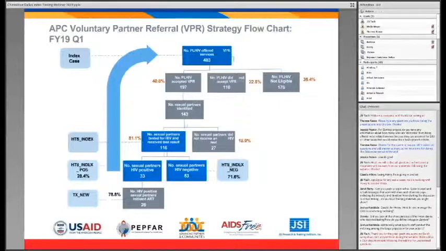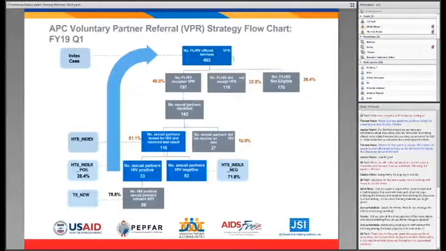could be made. Based on this flowchart, you will see that while only 1.3% were reached through the voluntary partner referral index testing modality, it actually contributed 9.6% of all positive results during that quarter, with a consistently high HIV yield of 28.4%, compared to 3.5% for all non-index testing during the same period.